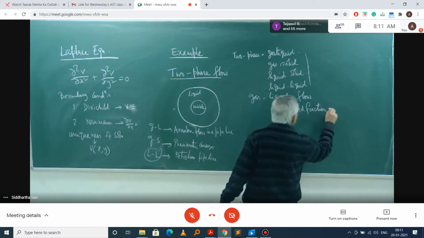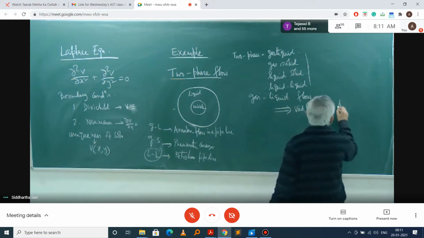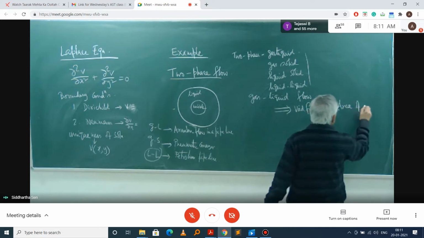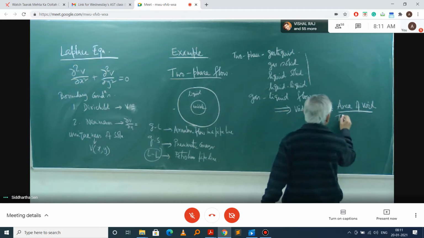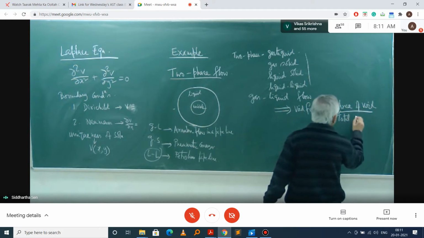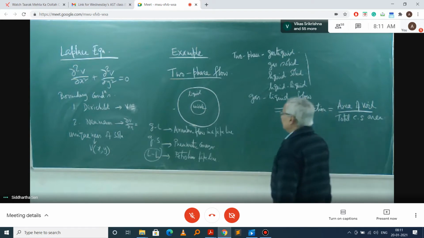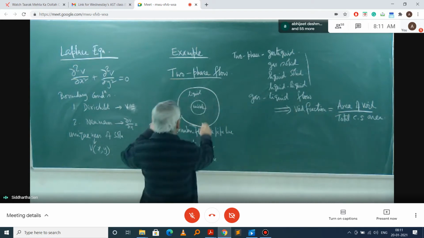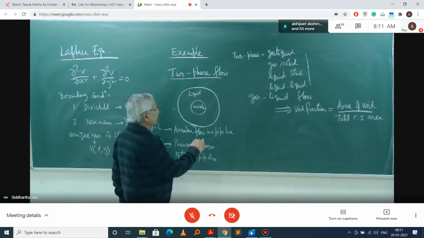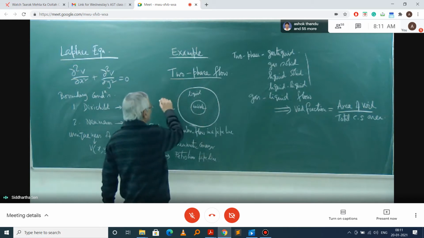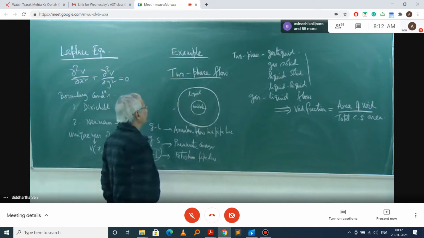That means we say it is the area of void divided by the total cross-section area. That means if there is a pipeline, and outside it is fire or something, we have a tube going through this.